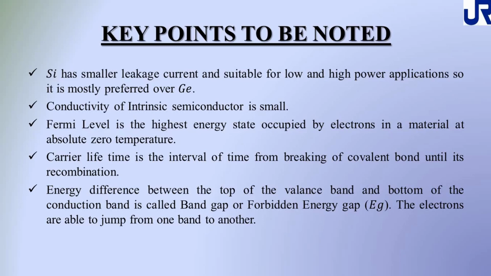How much energy is required to break this covalent bond? That is equal to the energy band gap, the difference between the top of the valence band and the bottom of the conduction band.